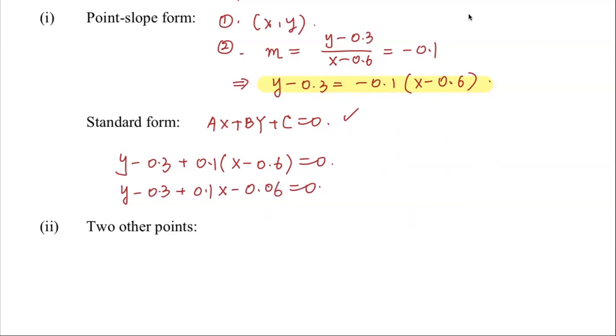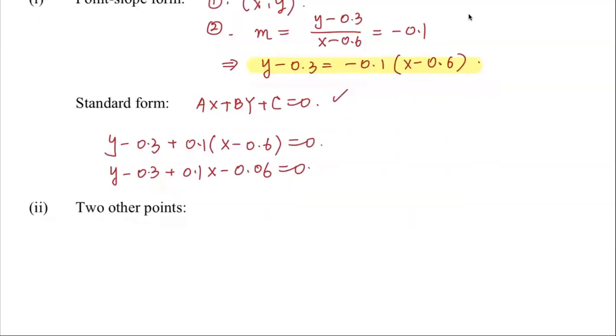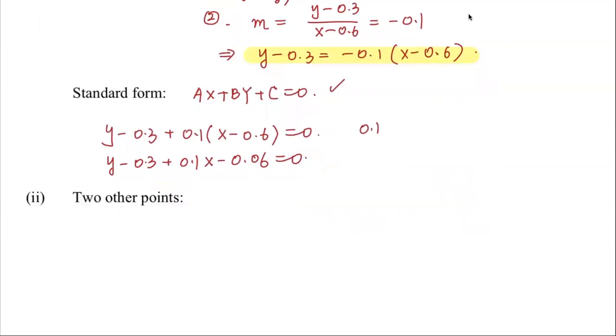Okay, now we move x to the front. 0.1x plus y minus 0.3 minus 0.06, that's minus 0.36, is equal to 0. Okay, so this is the standard form.